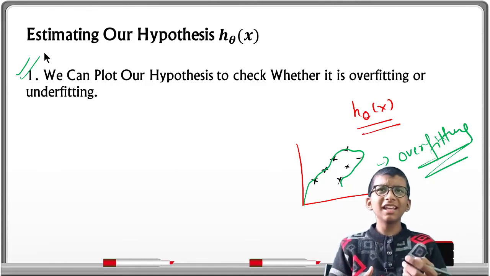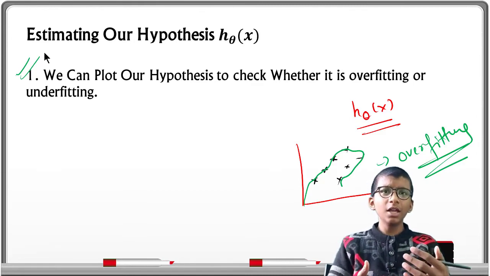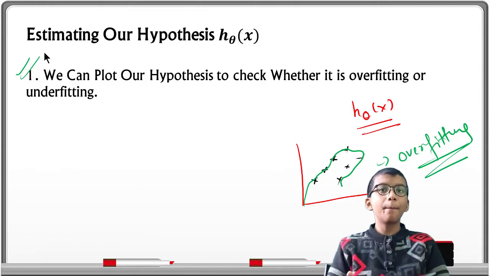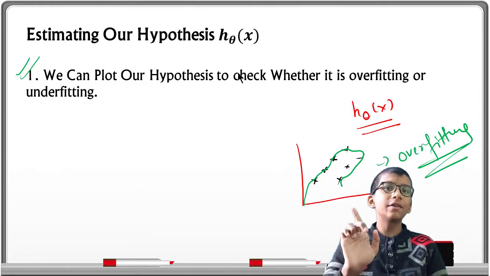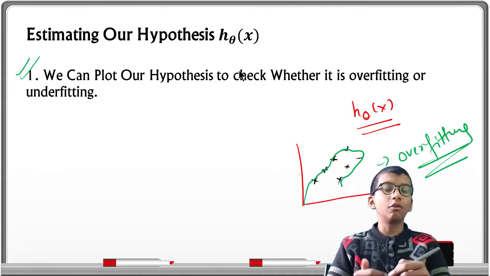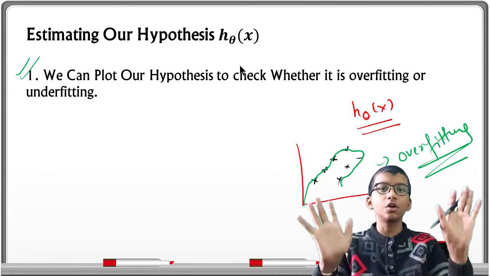But you might be thinking this is the only solution. If you have a lot of features, for example, you have to predict the price of a house based on 100 features, and you have made a model and have to check whether it is overfitting, underfitting, or good to go.